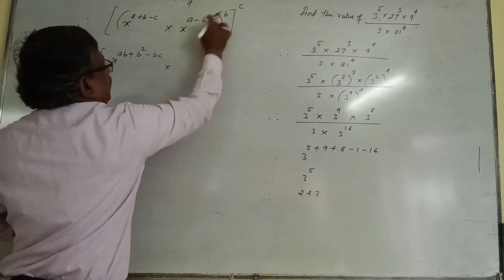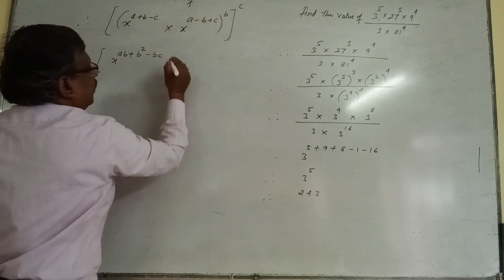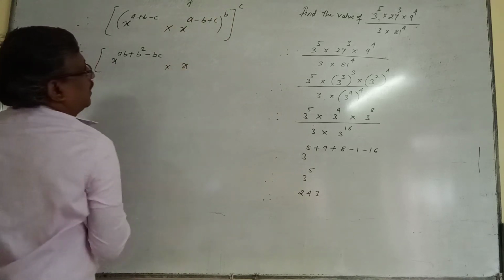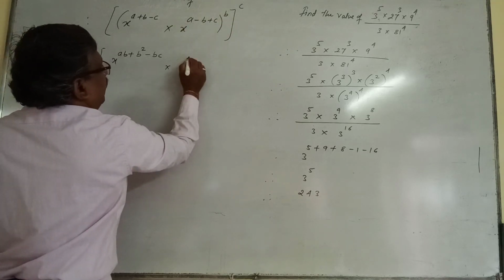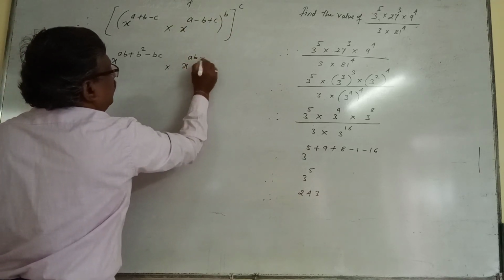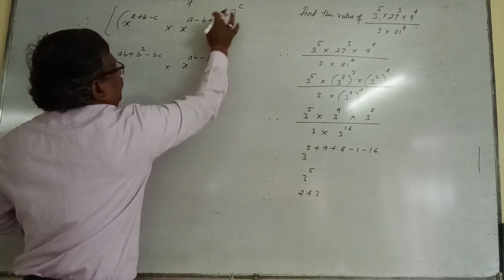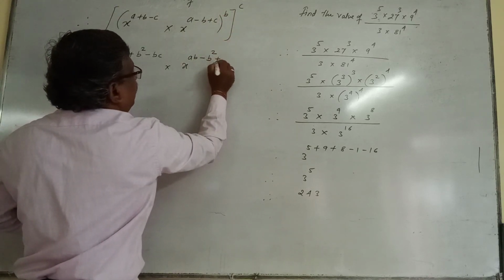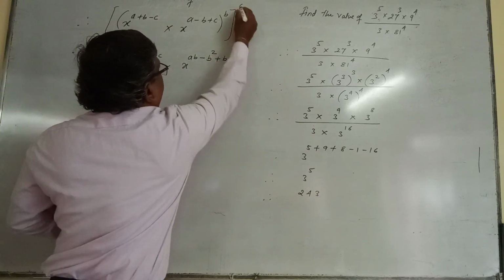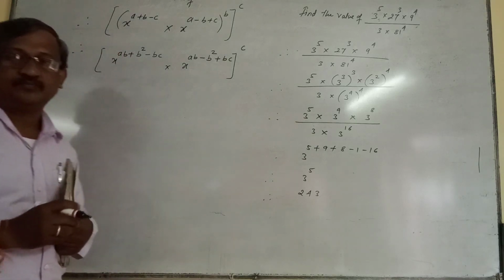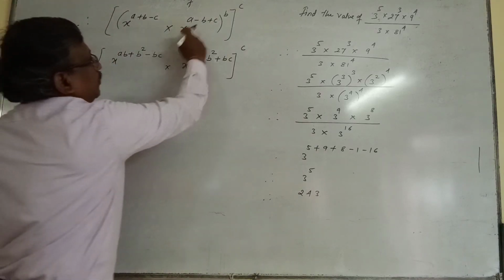Into this also same, multiply by b to these three values. So you write the base x, x raised to b into a, you will get ab, minus b into b, you will get b square, and b into c, you will get plus bc, right? And this whole raised to c. Understood? Like this. So first you open this small bracket.